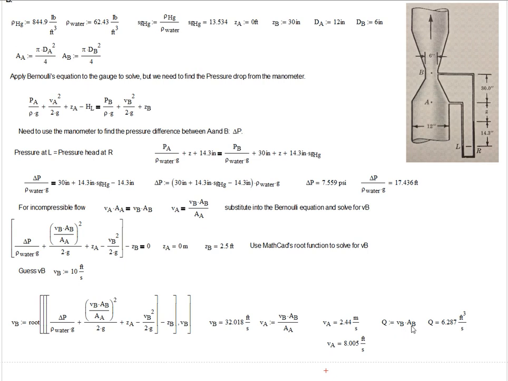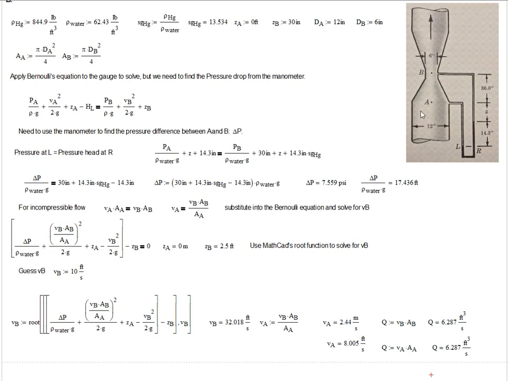The volumetric flow rate is VB times AB. So that is 6.287 cubic feet per second. And note that if I had used V sub A times A sub A, that will give me the same answer. If I convert that to cubic feet per second, I get the same.